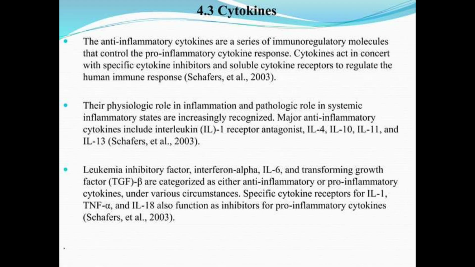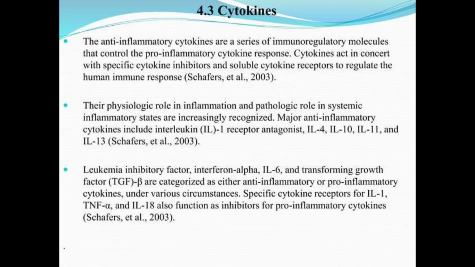Anti-inflammatory cytokines are a series of immunoregulatory molecules that are responsible for controlling the pro-inflammatory cytokine response. They are associated with our human immune response in this case. The major anti-inflammatory cytokines include IL-1 receptor antagonist, IL-4, IL-10, IL-11 and IL-13.